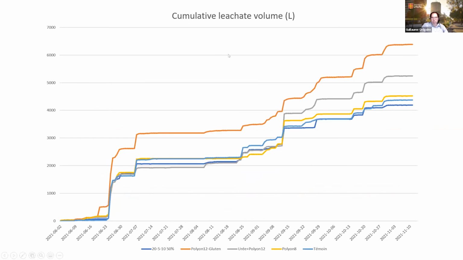If you look at the cumulative leachate volume from our different treatments, there seemed to be some big differences early in the season. I don't have any stats on that yet, but we will look at it with a statistical analysis in the future. Our Polyon 12/gluten treatments, or combination treatment, seem to have resulted in higher leachate volume.